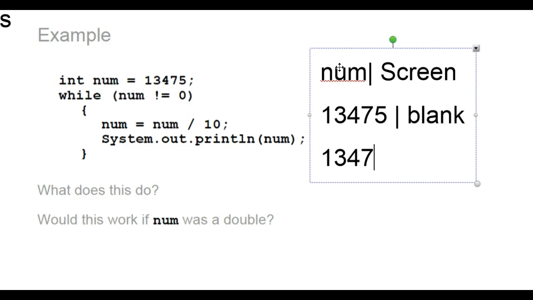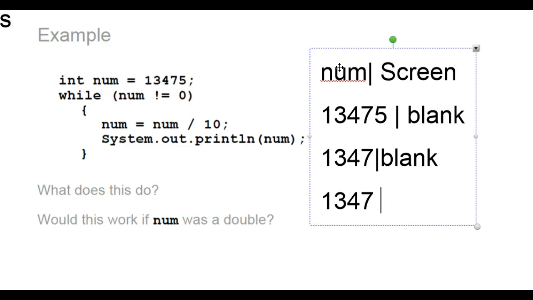And then it's going to print out num, which is going to be 1, 3, 4, 7. Notice it does not print out the original value. The first time through cuts off the 5, and it doesn't print out the original value. So, actually I should do this first, blank, and then 1, 3, 4, 7, and then the screen would be 1, 3, 4, 7.